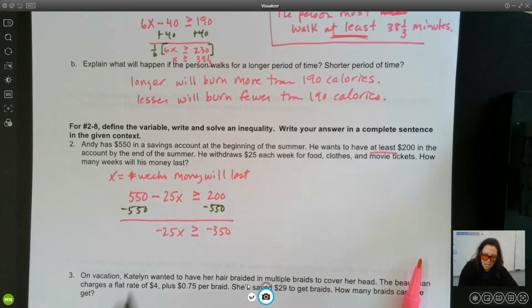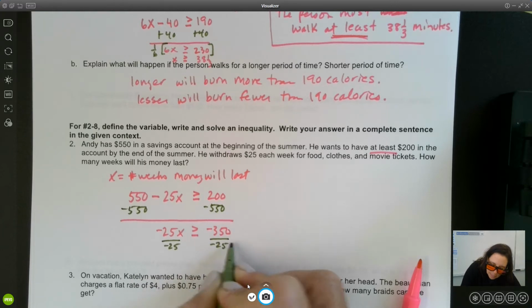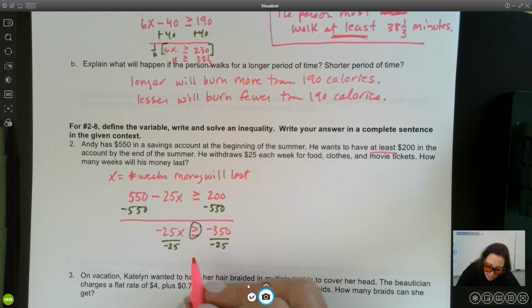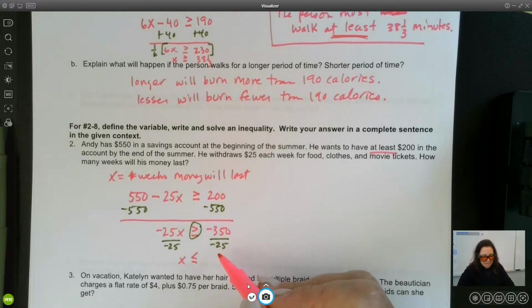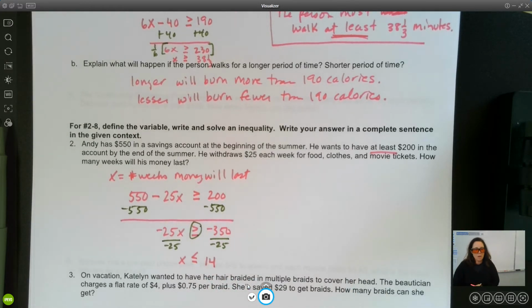We're going to be dividing by a negative. Do you guys remember what happens when you divide by a negative? The inequality flips the other way. So negative 350 divided by negative 25 is a positive 14.